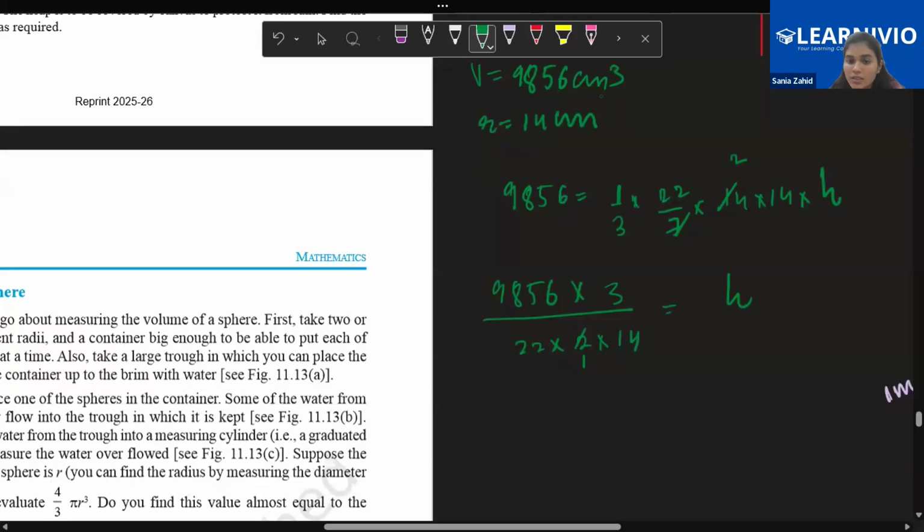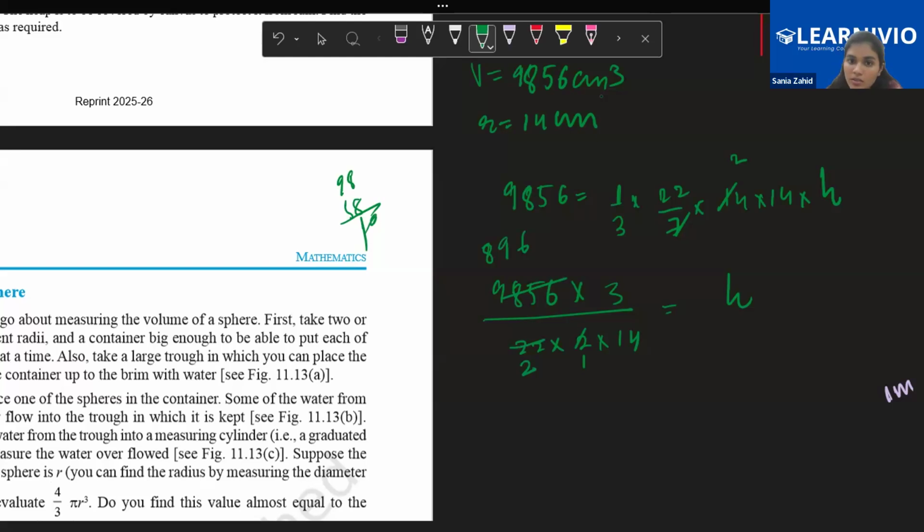See, just check by 11 first. 11 into 8, 11 into 9, 11 into 6, 11 into 2.